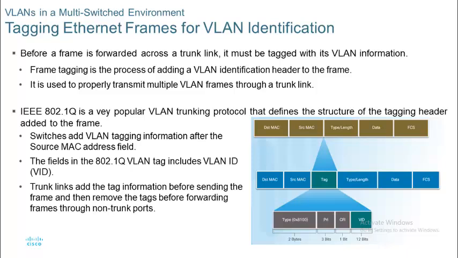These are all .1Q header info. This is getting added. You see, this is your actual layer 2 frame. But right after the source MAC address and before this type length of layer 2, these things get added as a tag.